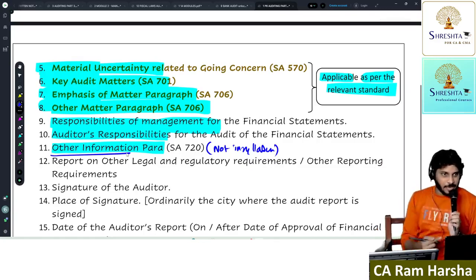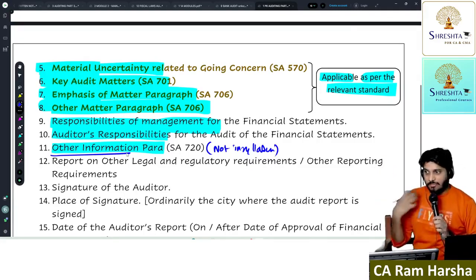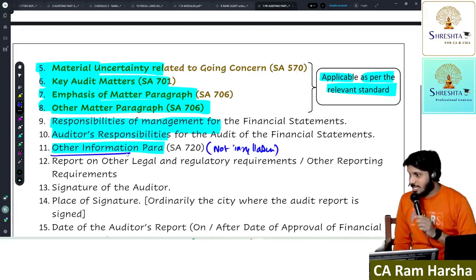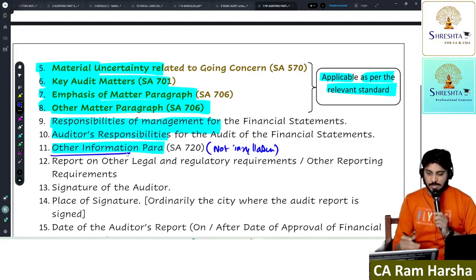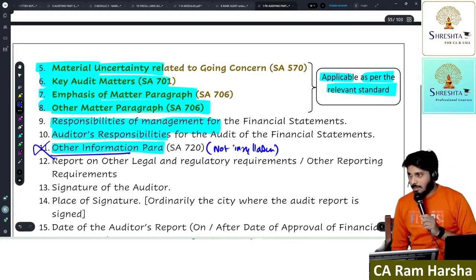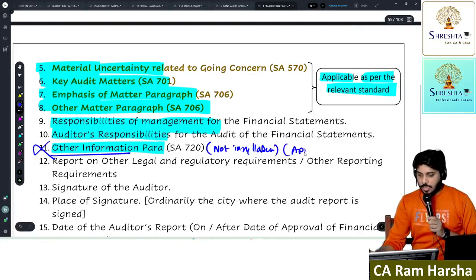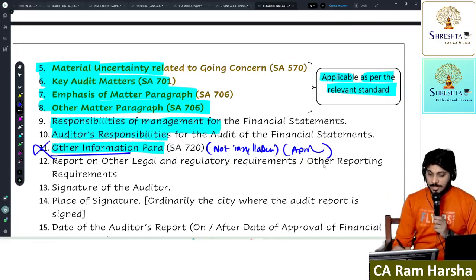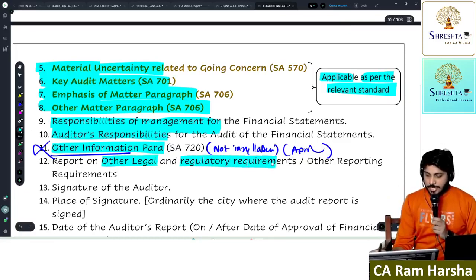Other matter para means SA 706. For us, which is there in our syllabus? Other matter para is there in our syllabus. This is not in our syllabus. Getting it? So this will also apply as per the respective standard. Understood or not?